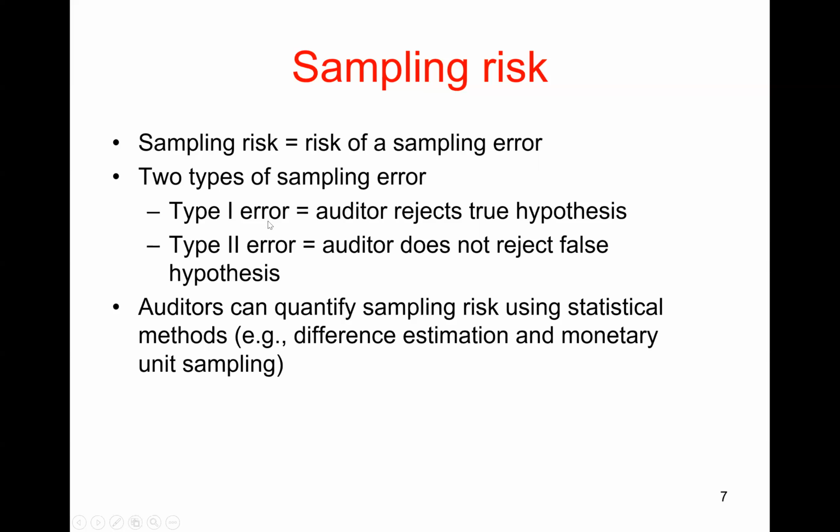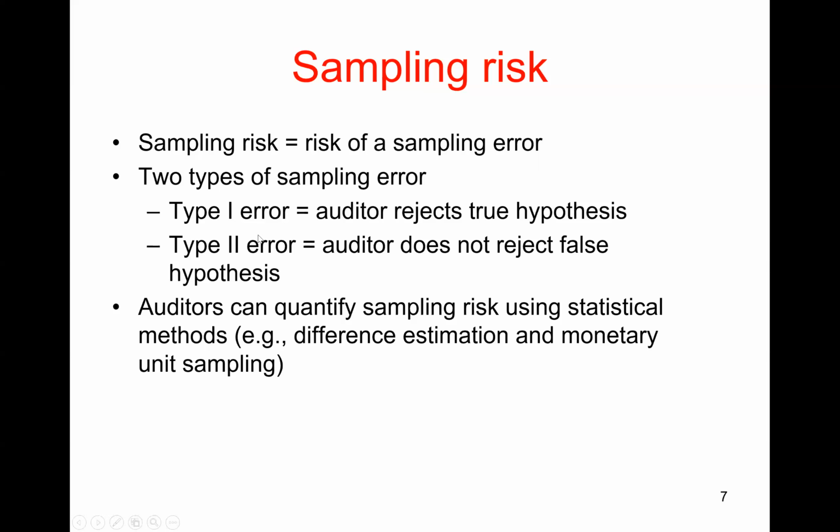Type 1 errors are costly because essentially it means that the auditor is saying to the client, I think your financial statements are wrong, and in fact they're not wrong. It's just the auditor hasn't checked everything. That's why the auditor's coming to the incorrect conclusion. Whereas a type 2 error is where the auditor goes to the client and says, I don't think there are any material misstatements, but in fact, there is a material misstatement.